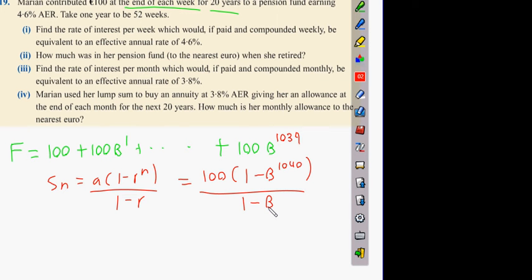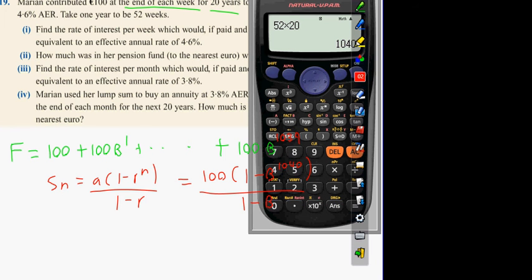Okay, I will do it on the calculator for the sake of the video. So what we have here is 100, bracket, 1 minus B to the power of what, guys?